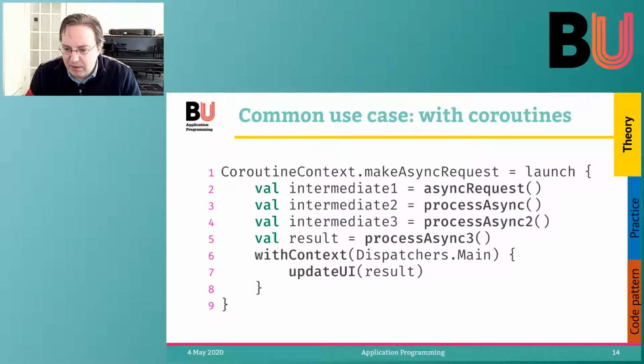So intermediate 2 is called afterwards, then intermediate 3, and then we have a result, and then we can use the withContext function to dispatch this on the main thread, because UI code normally should only be done from a main UI thread, to update our UI with our result. This is really straightforward code, except it does not block our UI.